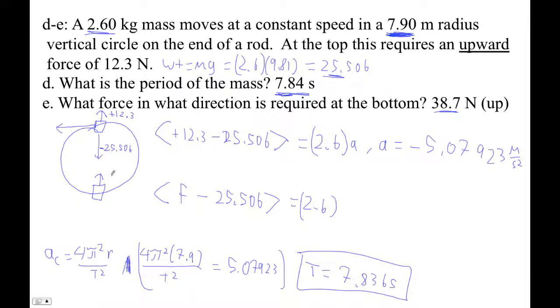Since you're always accelerating toward the center, at the bottom the acceleration will be positive, so we slap a positive sign on that: positive 5.07923. Now we go 2.6 times 5.07923, and then add the weight.